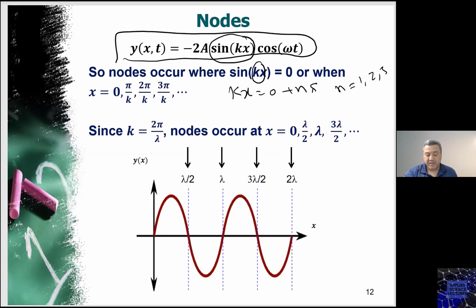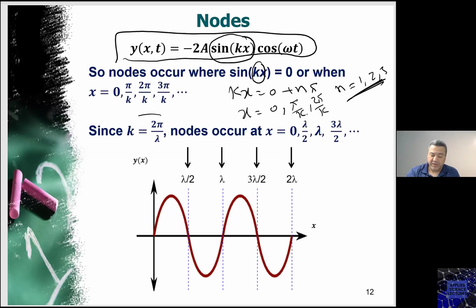So in this case, this sine is 0 when x is 0. If I substitute now this n with the range here, then this sine would be 0 when x is 0, or x is π over k, or x is 2π over k, and so on.